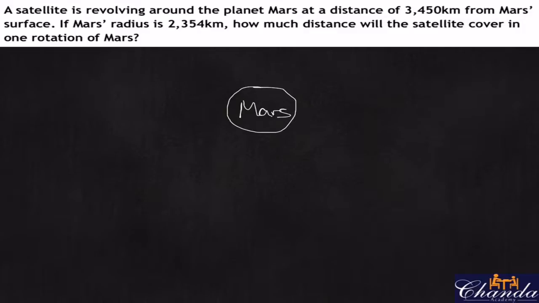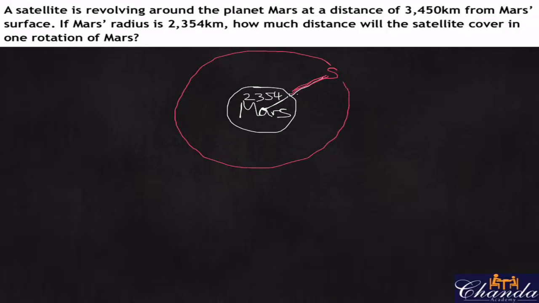Okay. Now, Mars has a radius, apparently, of 2,354 kilometers. Now, apparently the satellite is, again, from another distance. Let me use a different color, actually, so it stands out. At a further distance of 3,450 kilometers, there's the satellite there. It is traversing around Mars.